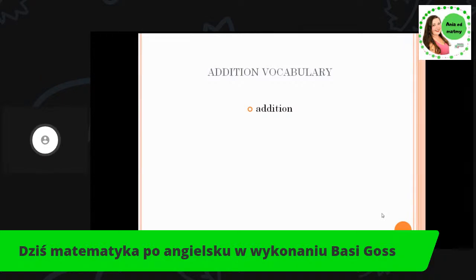Today's topic is solving addition problems. So let's check what words do you remember for addition. What words do you remember for addition? Can you write the words that you remember for addition in comments, please?